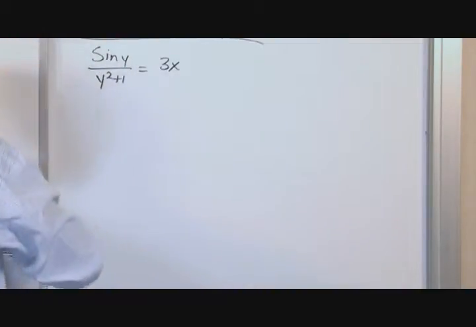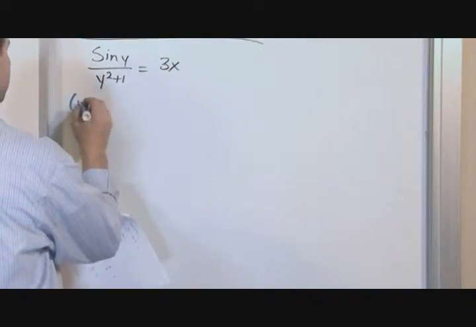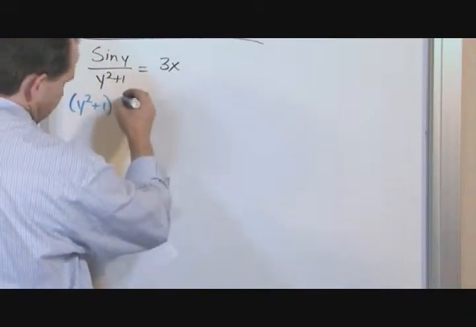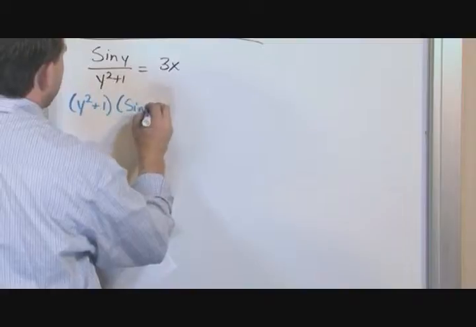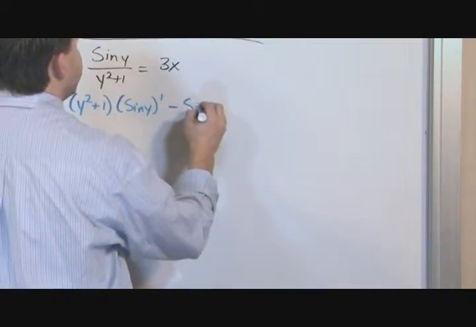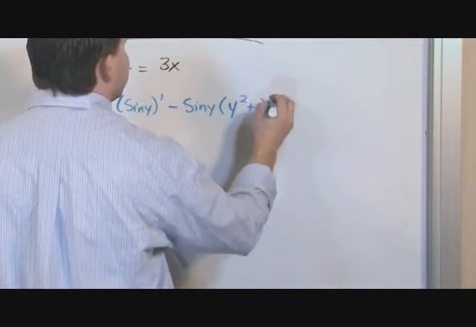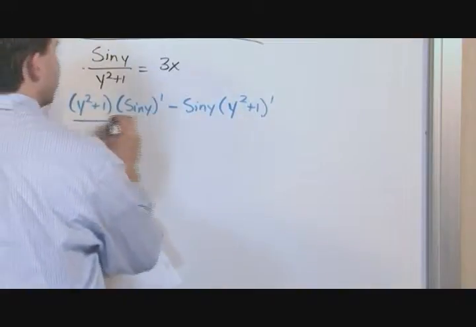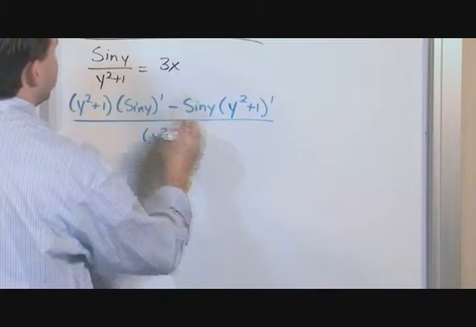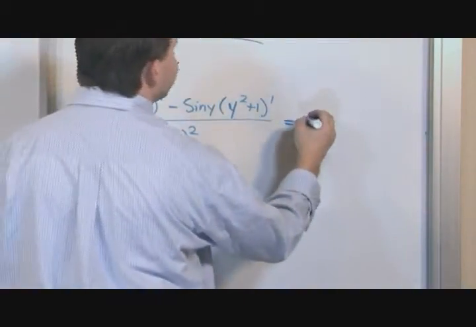On the left, we take the derivative using the quotient rule: bottom times the derivative of the top, y squared plus 1, times the derivative of the top, minus the top times the derivative of the bottom, over bottom squared. So it's going to be y squared plus 1 squared. Just leave it like that for now. And on the right-hand side, we'll take the derivative of 3x, which is just simply 3.